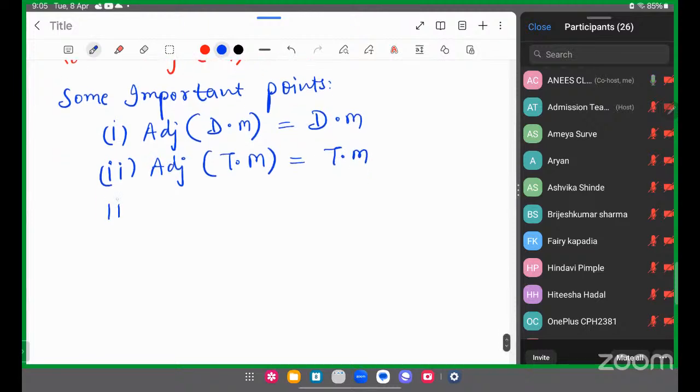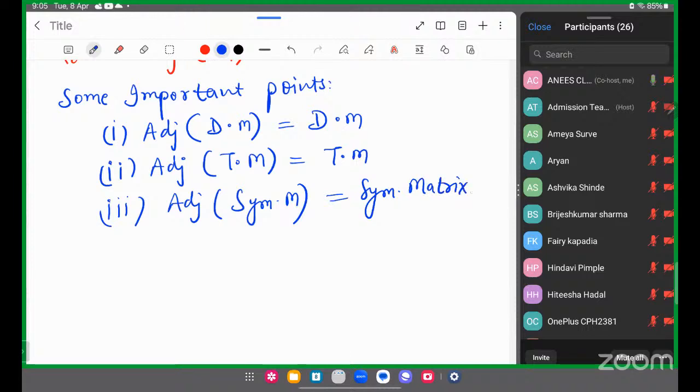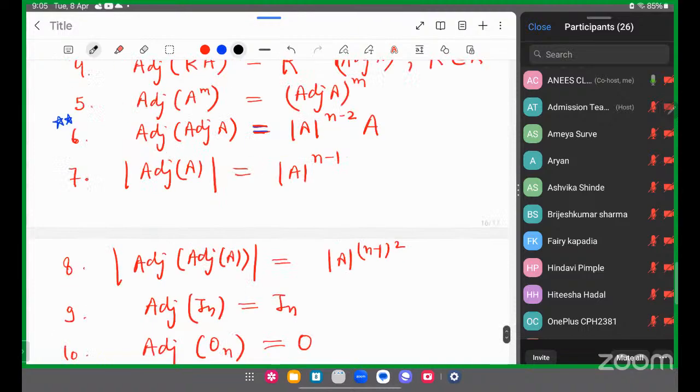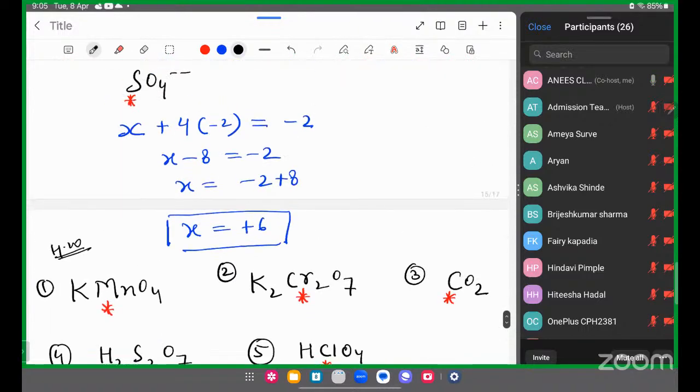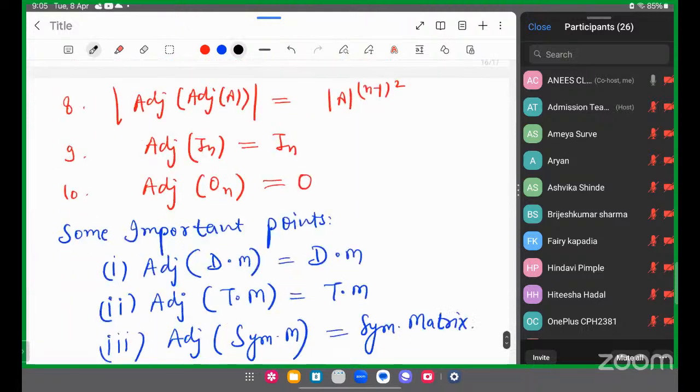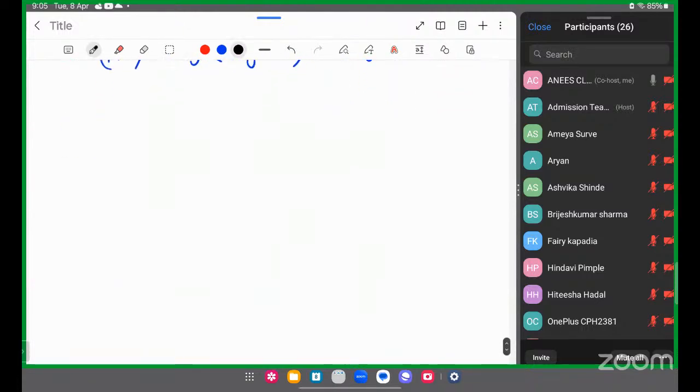And third is adjoint of a symmetric matrix will be a symmetric matrix. Understood or any doubt? Yes.